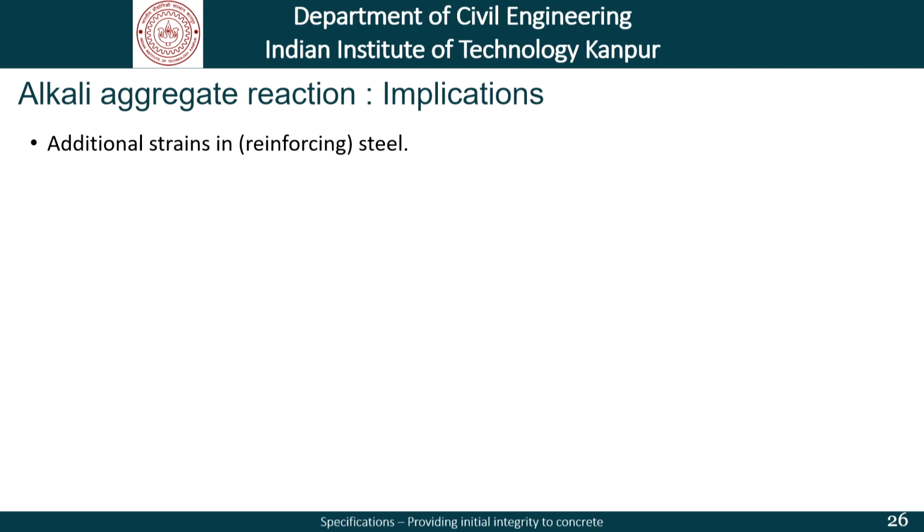Moving on, what does alkali aggregate reaction lead to? It leads to additional strains in the reinforcing steel. Basically what is happening is that if we have a steel bar here surrounded by reactive concrete, that is concrete where alkali aggregate reaction is going on, and this concrete wants to expand. Now, this amount of expansion has to reflect in the reinforcing steel as well.